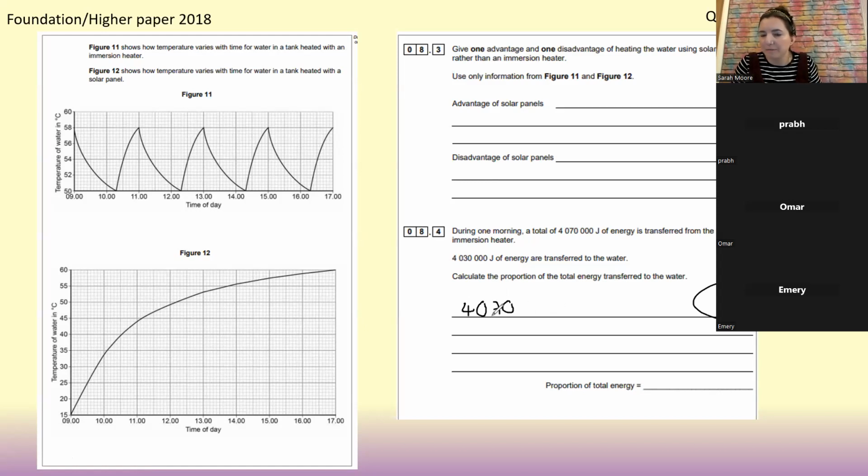And write them out again now. 4,070,000 joules transferred from the immersion heater, and 4,030,000 joules are transferred to the water. So the energy transferred to the water. Okay.